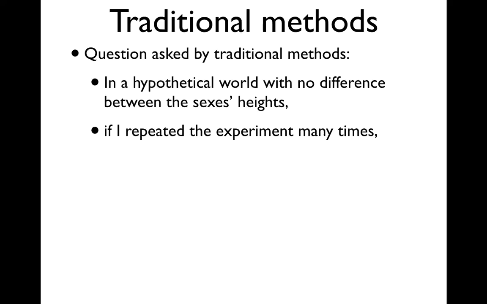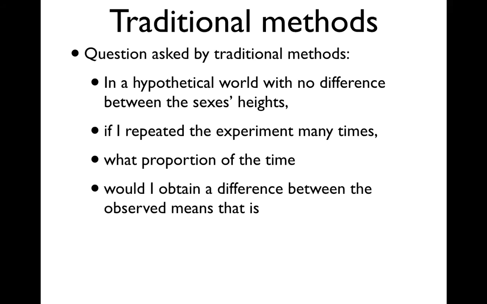So this should yield a distribution of imaginary group differences, if you were somehow able to enter an imaginary world and do this. What proportion of the time? We're going to be talking about proportions here. So we have this distribution of imaginary differences, and we're going to ask about areas of that distribution corresponding to proportions of experiments.